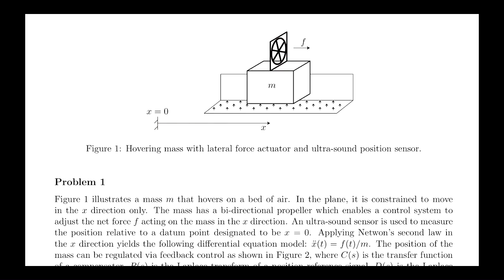The force is produced by spinning a propeller, and you can set the force imparted by spinning the propeller by making the propeller go around at the right speed. And we're measuring the position of the mass using an ultrasound sensor.